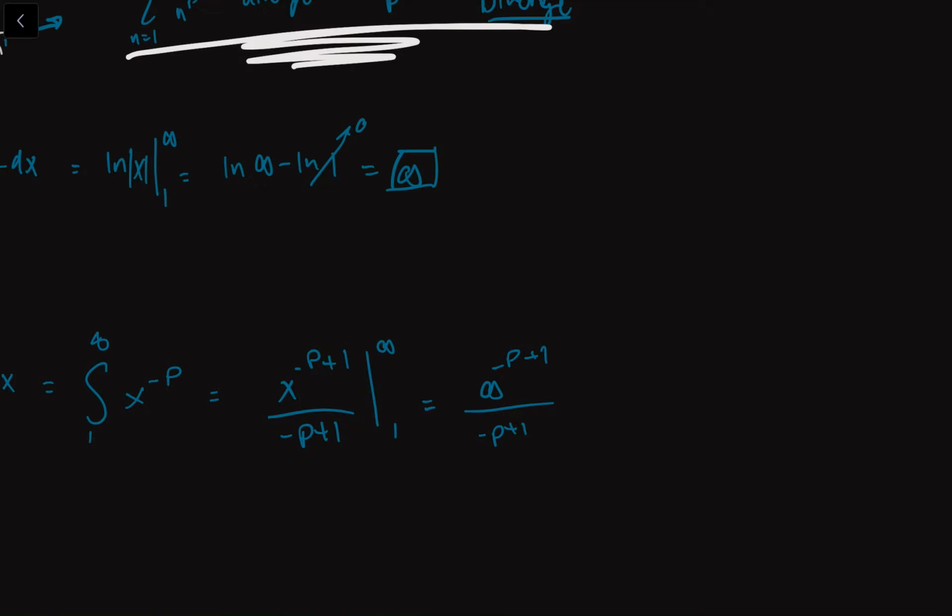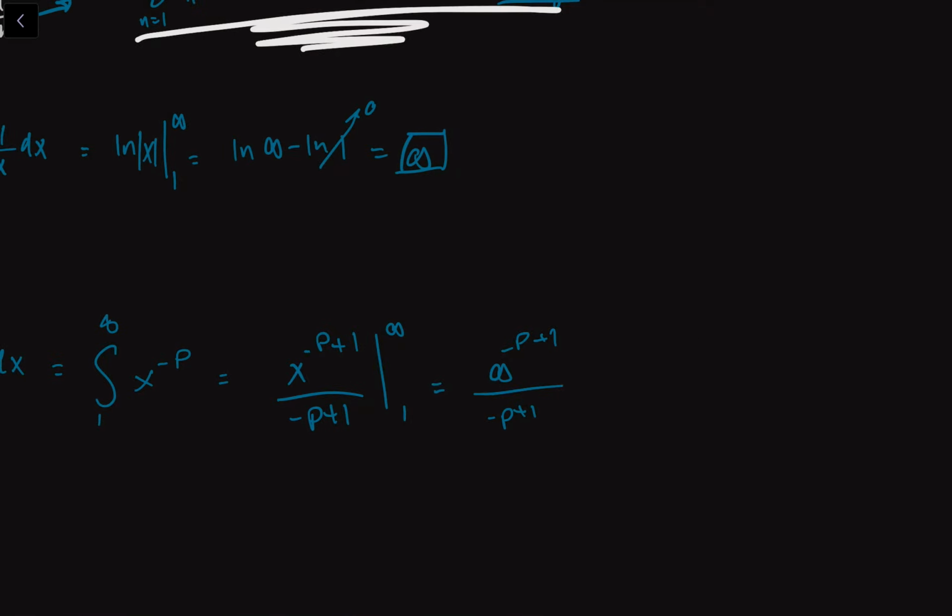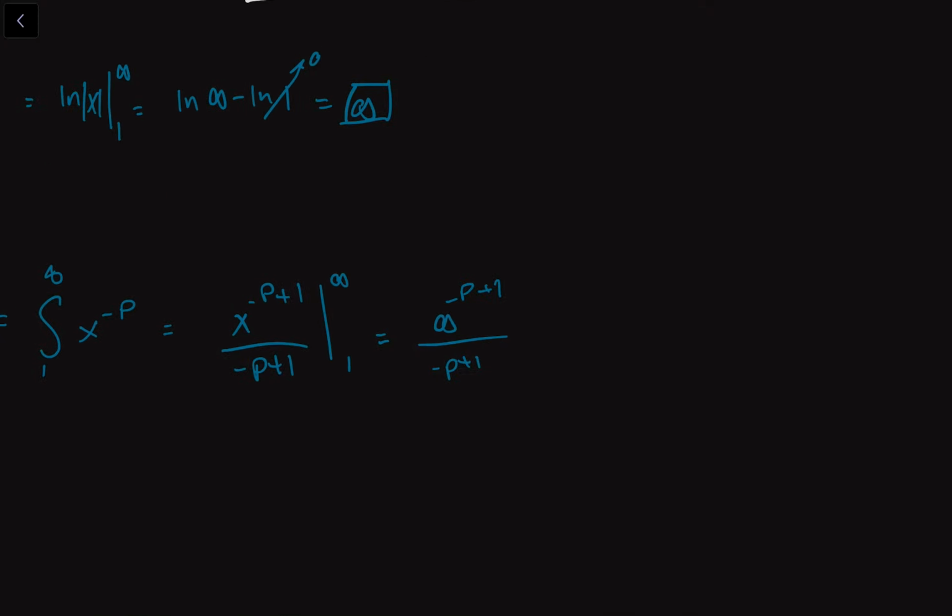This side doesn't really matter, because that just depends on what term you start from, right? 1 or 2 or 3. But we know that those beginning terms don't really affect the convergence or divergence of our series. So we just have to think, when would this right here diverge and when would it converge? It would converge when that infinity is in the denominator and it can become a 0, right?